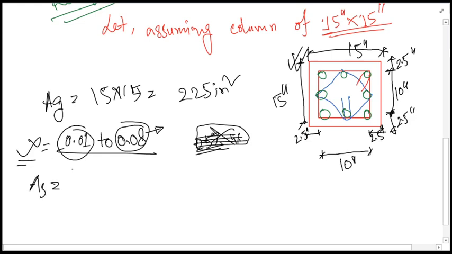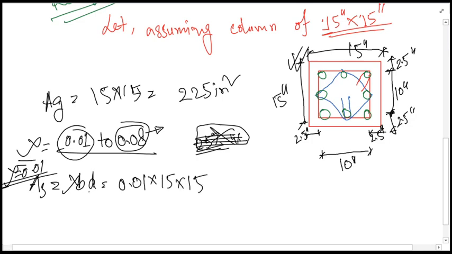Say for example AS, if you use rho equals 0.01, then AS, as you know, is rho BD, so 0.01 multiplied by BD. In the case of a column, although we say rho BD in the case of a beam, instead of D you will be using H. For a column, rho multiplied by the gross area will give you the AS value.